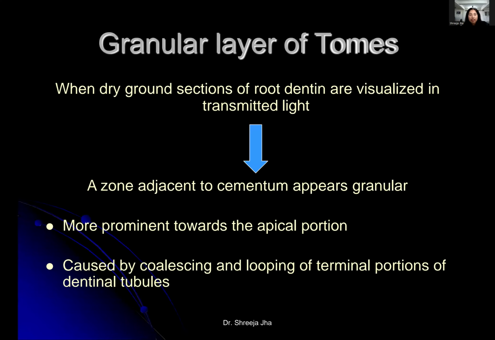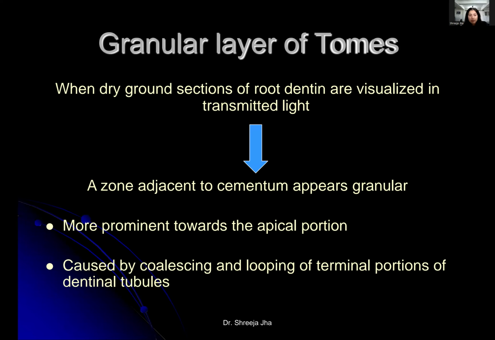What is the granular layer of Tomes? It is seen when dried, ground sections of root dentine are visualized in transmitted light. What do we see? A zone adjacent to the cementum appears granular. As the name suggests, the granular layer of Tomes, the appearance is also granular.